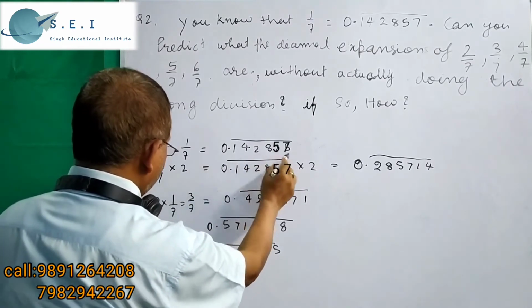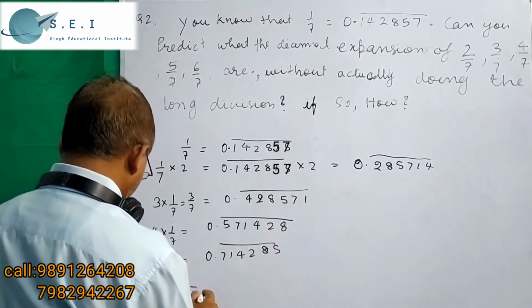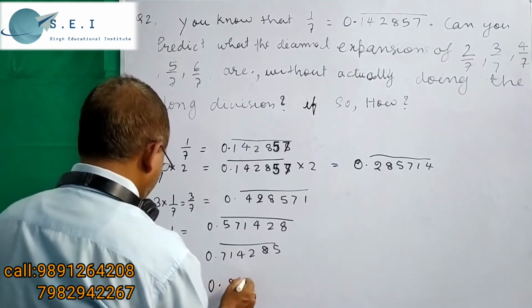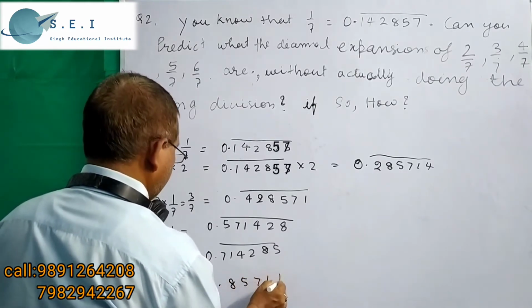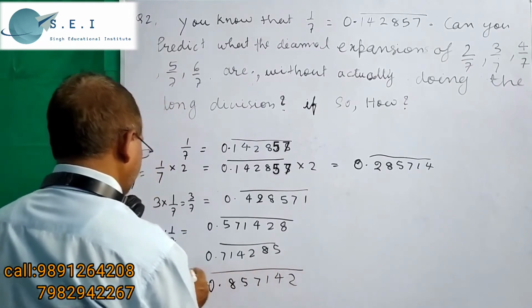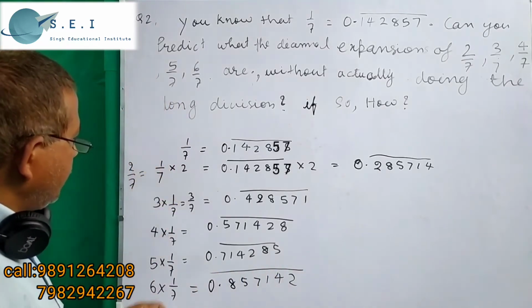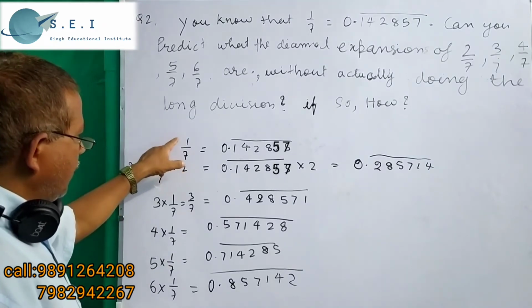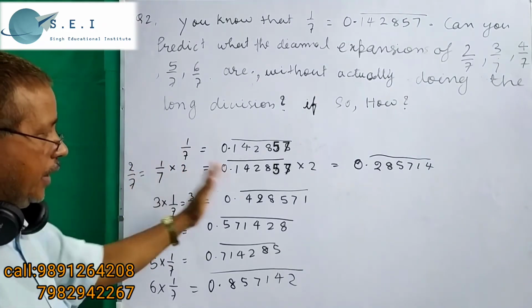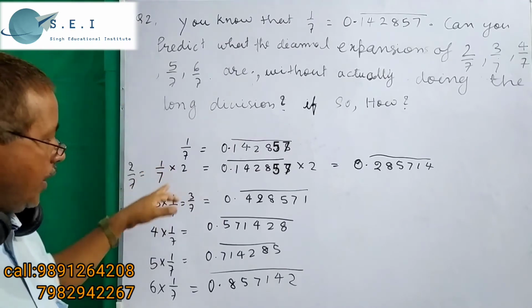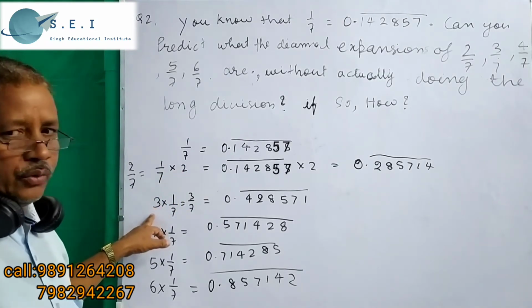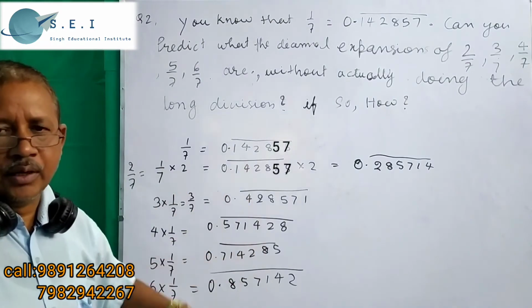If we multiply this by 6, the answer is 0.857142. We can observe that we multiply 1 by 7 by 2 to get the value of 2 by 7 and 1 by 7 with 3 to get the value of 3 upon 7 and so on.